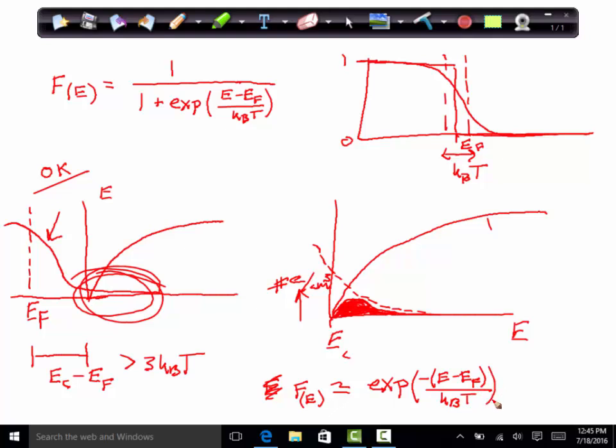This is basically saying that in the denominator this 1 is irrelevant and the exponential function dominates. This is very useful, and we can use it most of the time in semiconductors, except at very high doping densities usually.